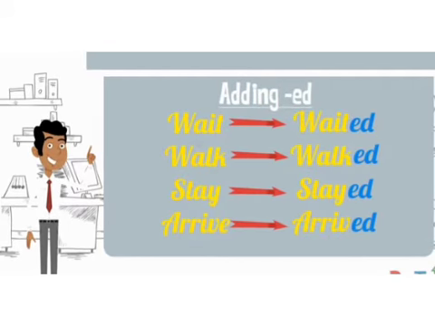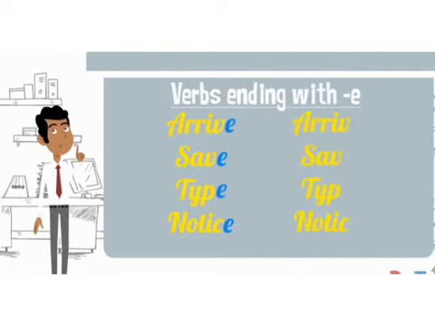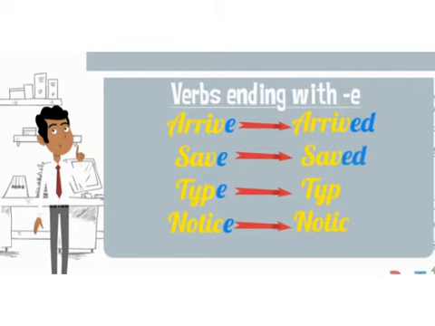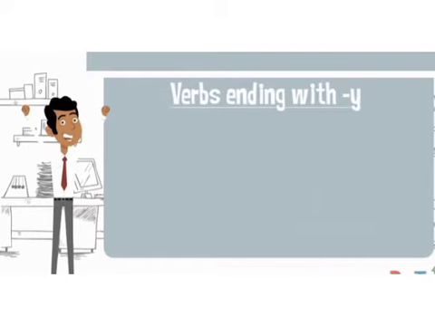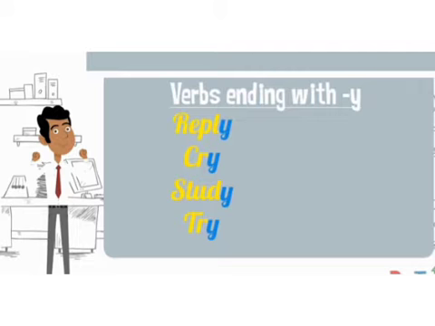So what about the words which end with e? Let's see. If the verbs end with e, like arrive, save, type, notice, we have to add just d. That is arrived, saved, typed, noticed. And what will happen to the verbs which end with y?